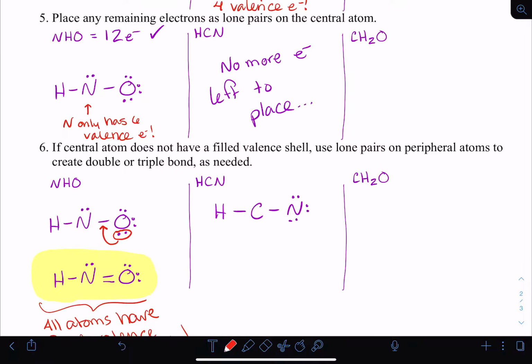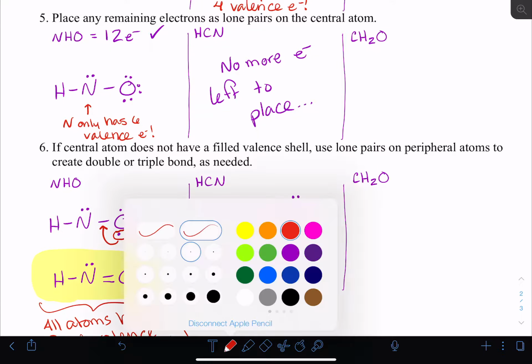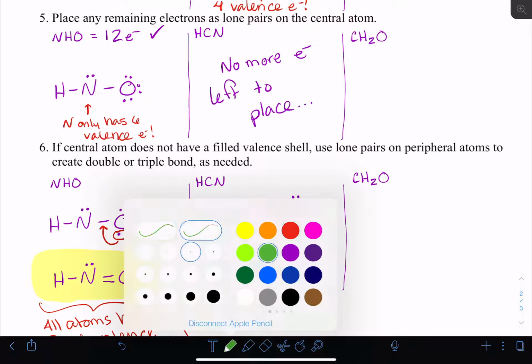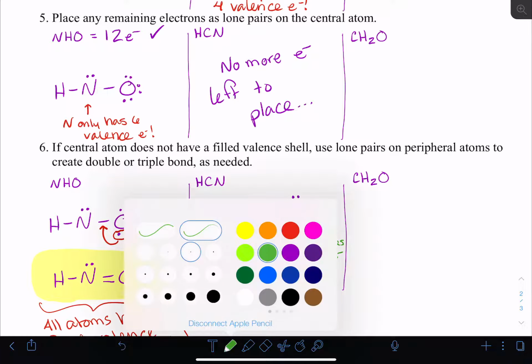So we can take a lone pair and move it in between our 2 atoms to create a double bond. Now, carbon still only has 6 valence electrons, which is still not enough.